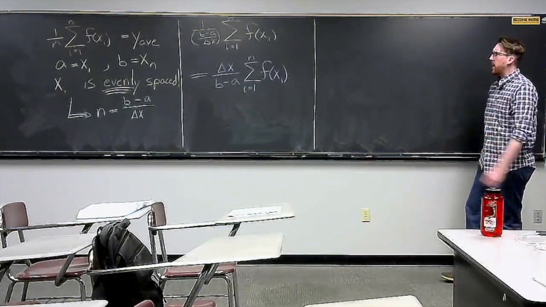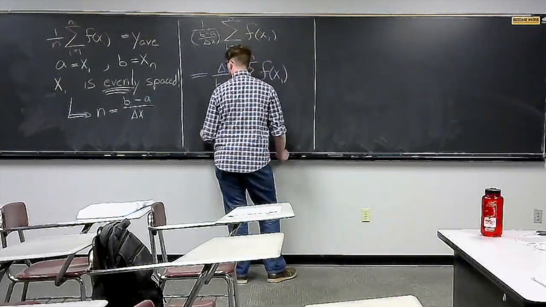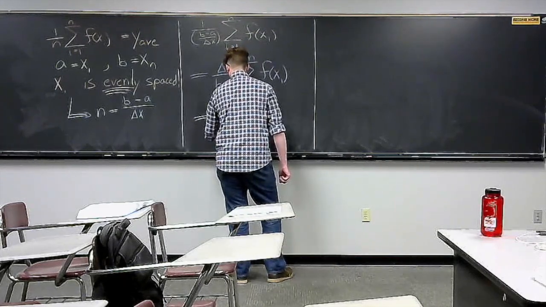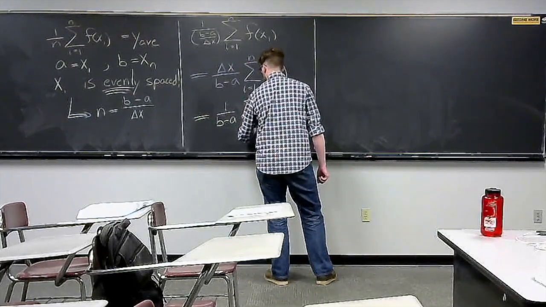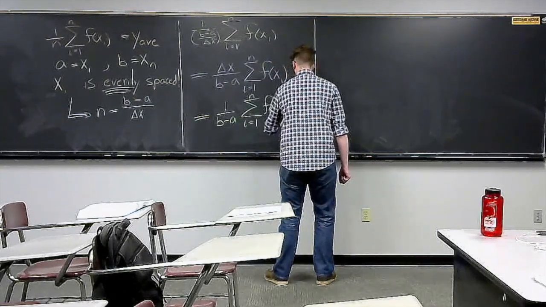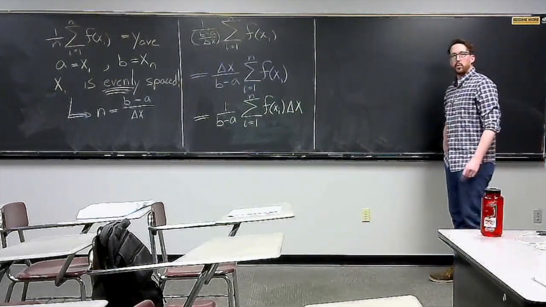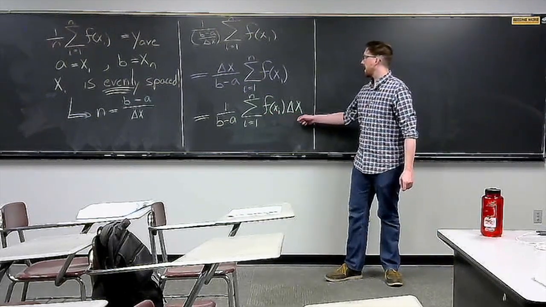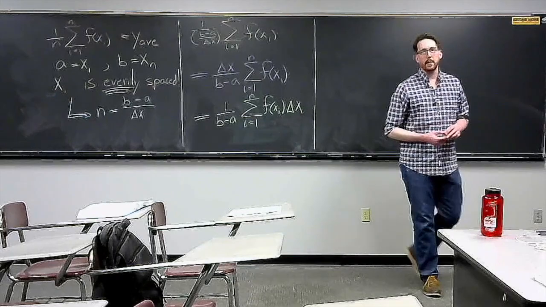Well, hey, delta x is a constant, so why don't we bring that into the series? Because we can. When we do that, we get this expression: the series from i equal to 1 up to n of f of x sub i times delta x, that quantity, times 1 over the difference between b and a.